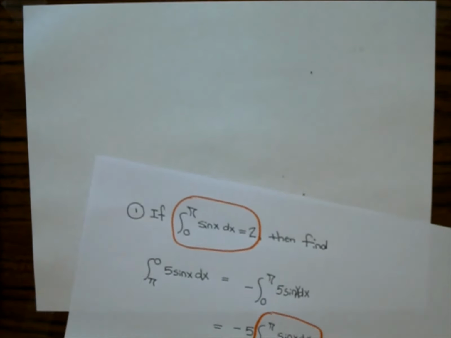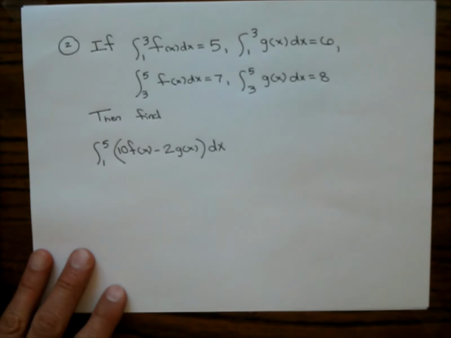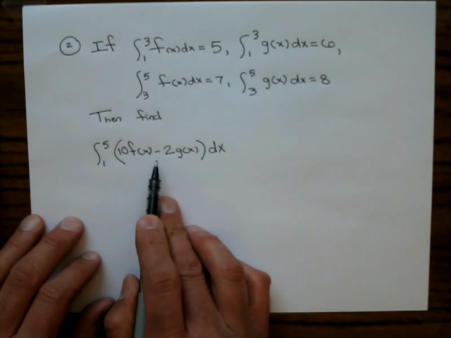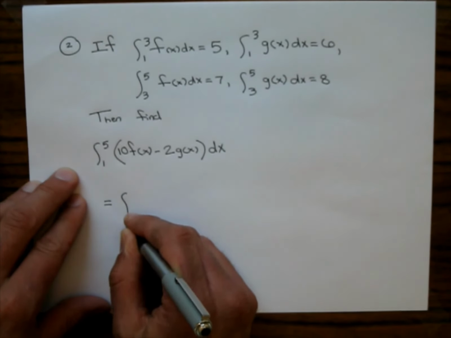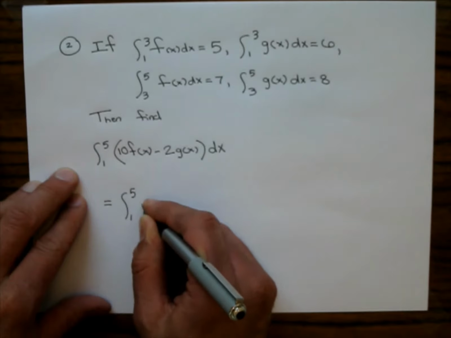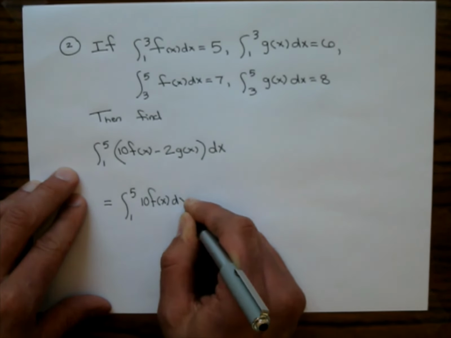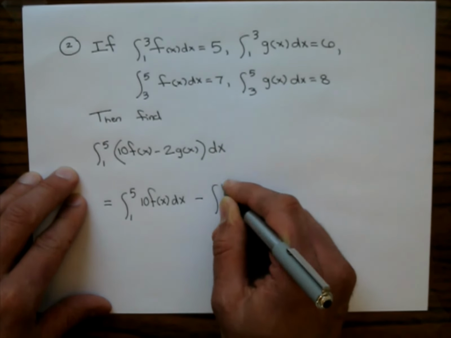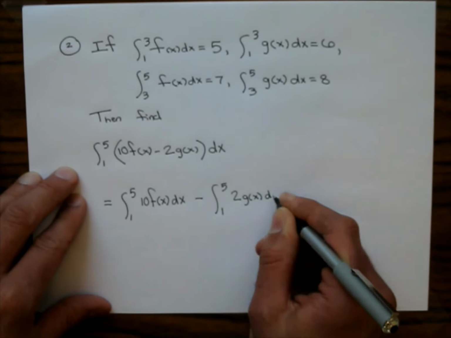Let's go ahead and do our last problem. You get problems like this in your homework. So we have the definite integral of a difference is the difference of the definite integrals. Now I'm going to write out more than some of you might want to write out, but that's all right. Then we have minus the definite integral of 2g(x) dx.